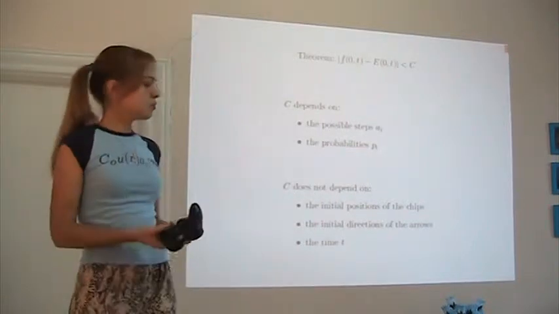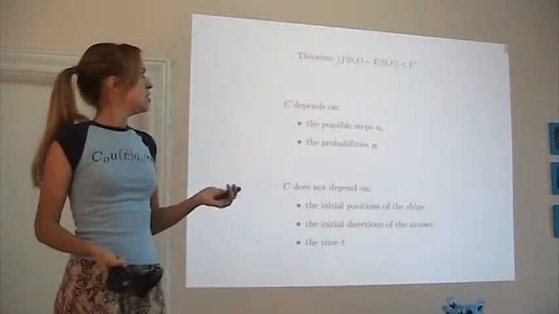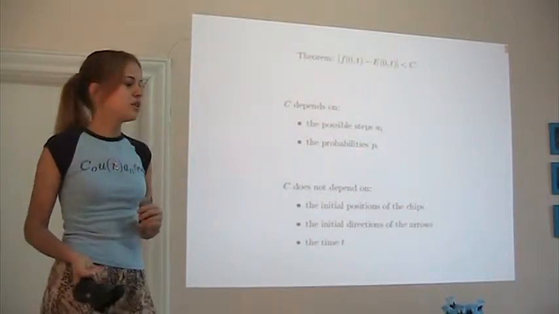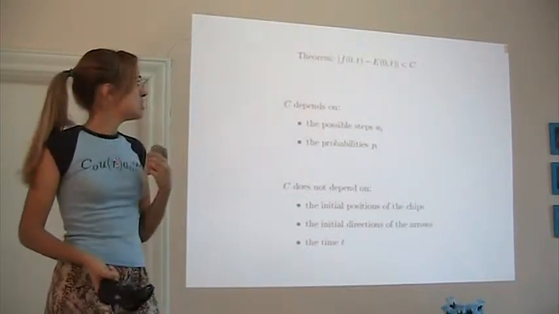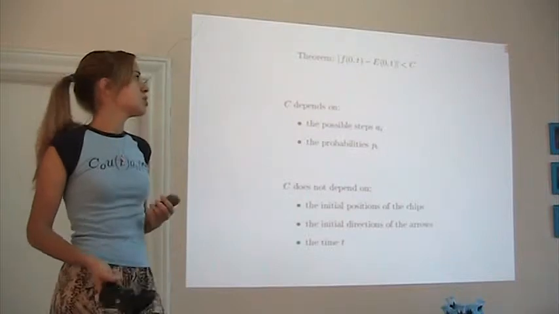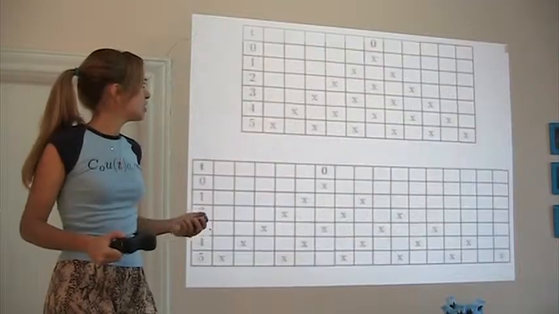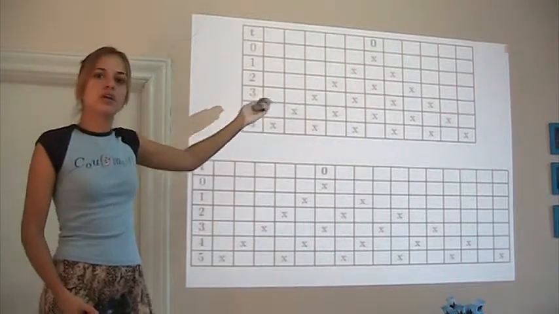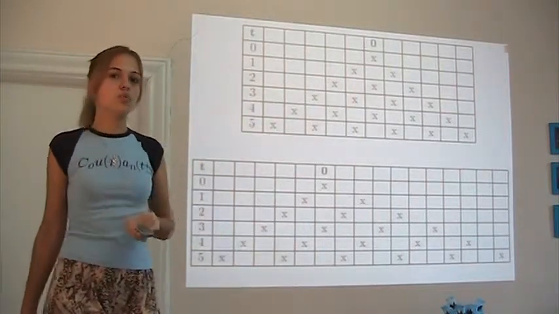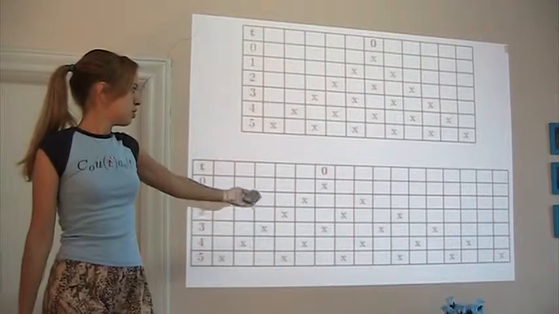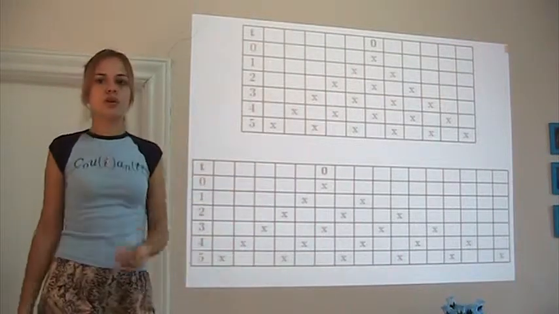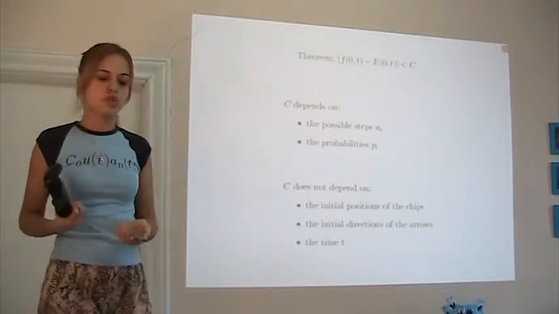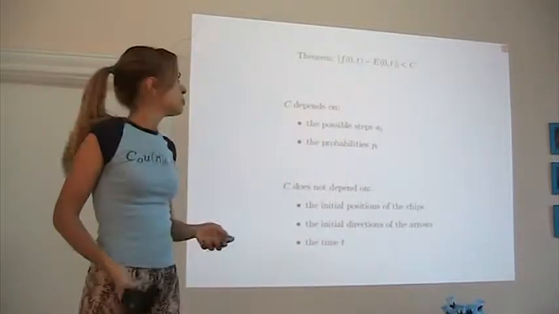So, this constant is really not going to depend on some things that we might think it depends on. It does depend on what the walk is. So the walk with 1 and -1, like I said, the constant is like 2.3. The walk with -1 and 2 might have a different constant, which I don't really know the numbers, but it can be different.